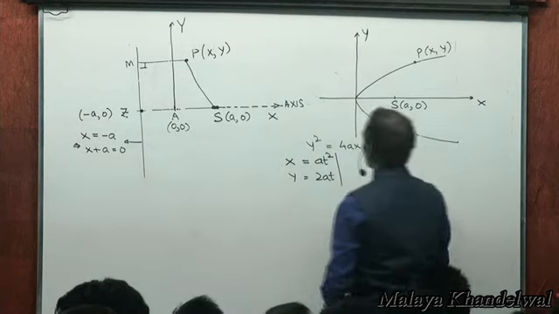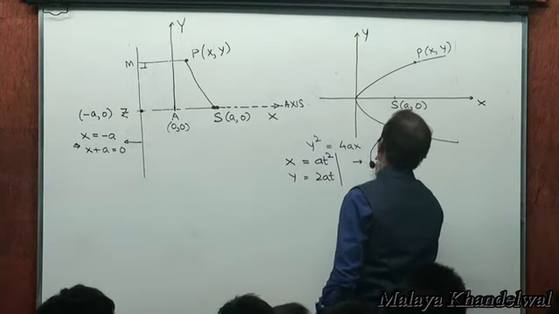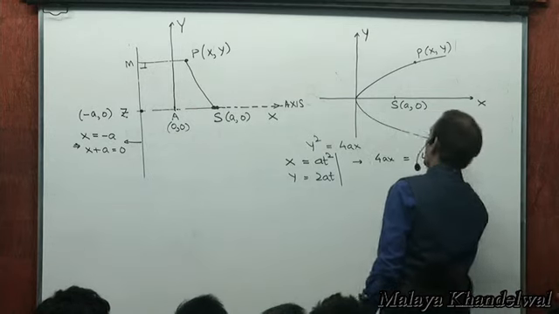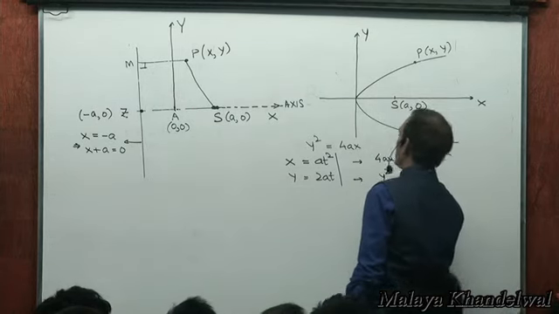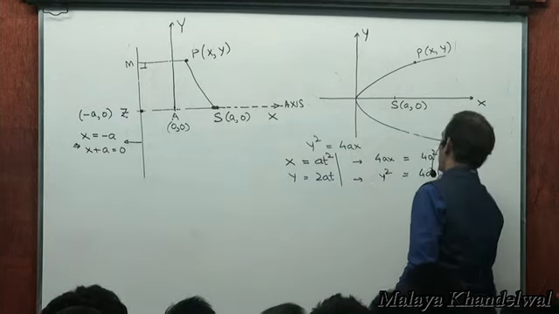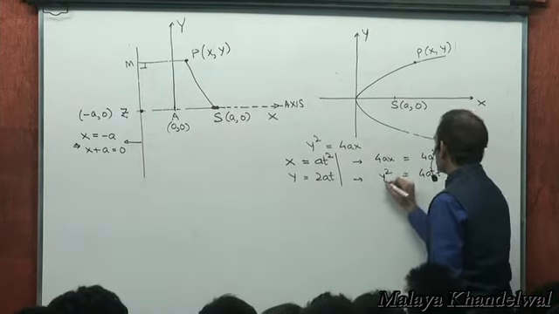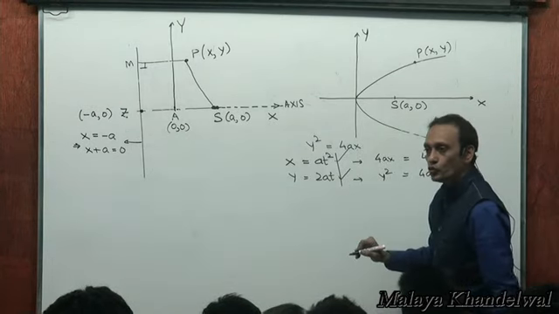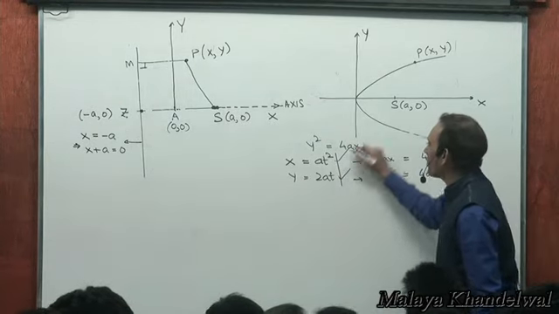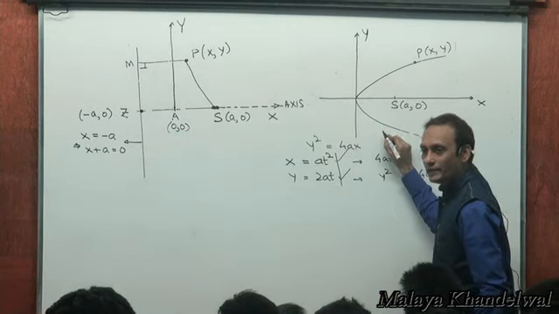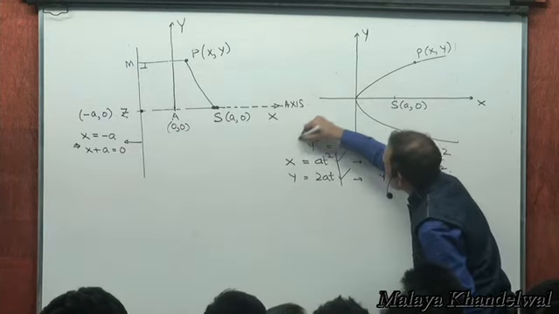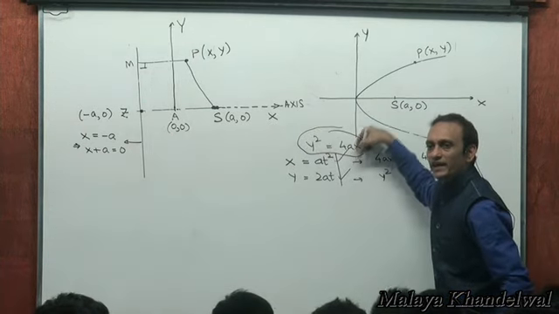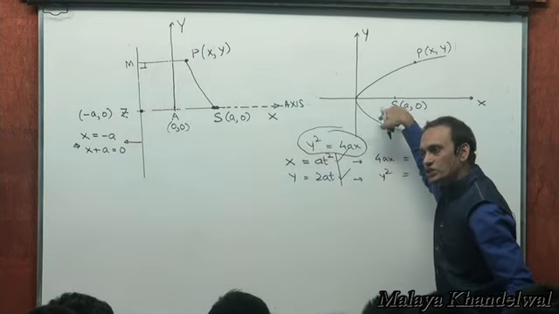If I did that, then 4ax is 4a squared t squared. What is y squared? Y squared is 4a squared t squared. So y squared turns out to be 4ax if x is of the form at squared and y is of the form 2at. Yes, it will always satisfy this condition.